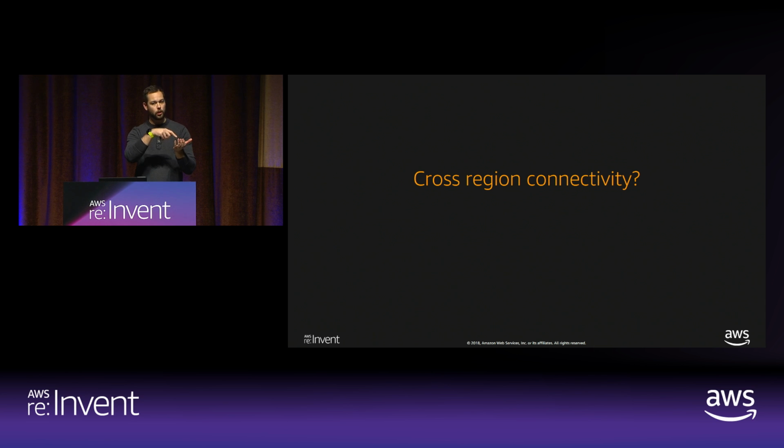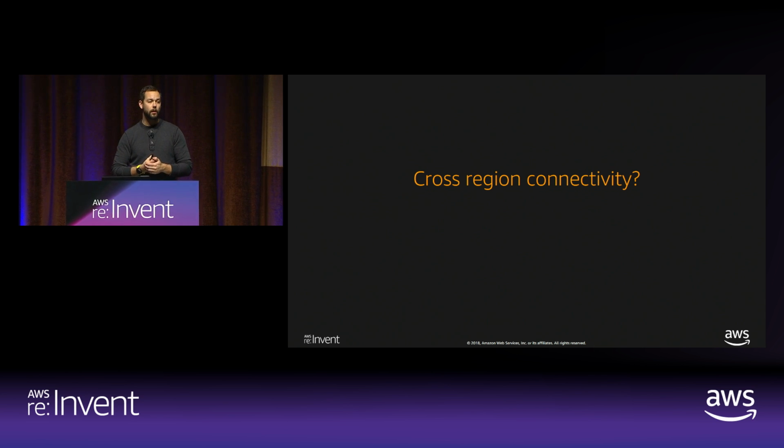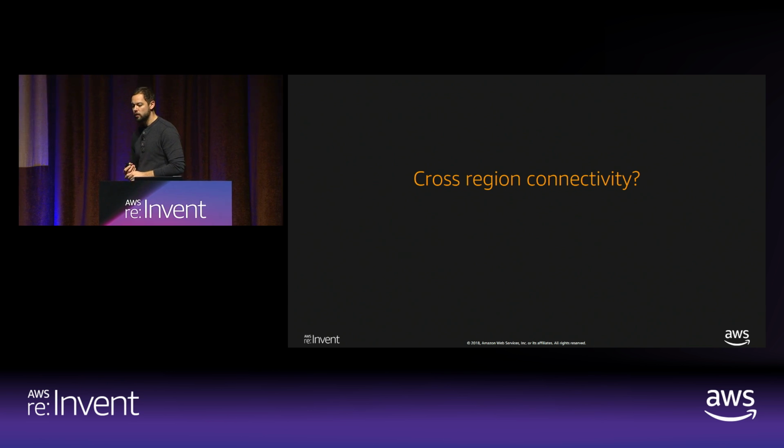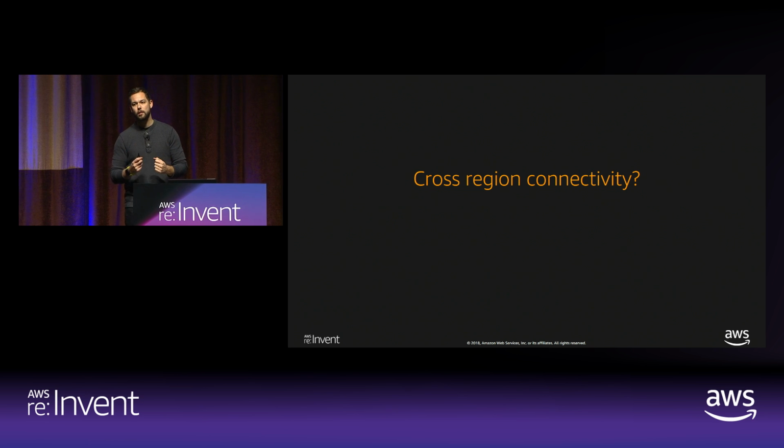And you come in via one TGW, go across a peering connection, and then go out to the other VPC. So there will be a cross-region connectivity story. Now, whenever we launch these products, we do look at things and say, okay, what can we get to the customer now? And cross-region connectivity is something that we're going to be doing soon.